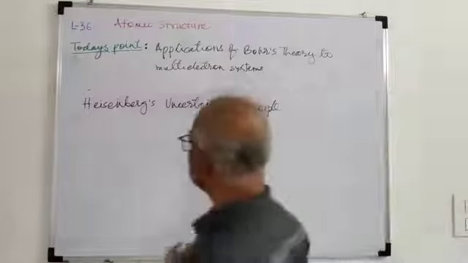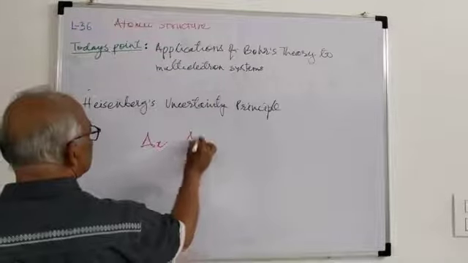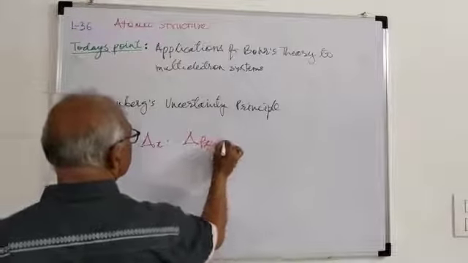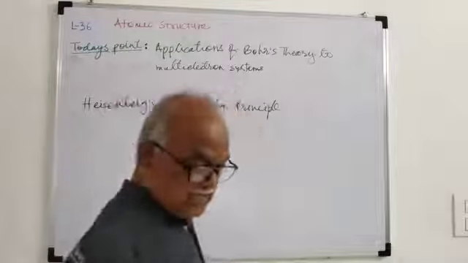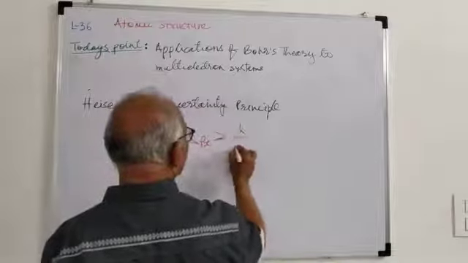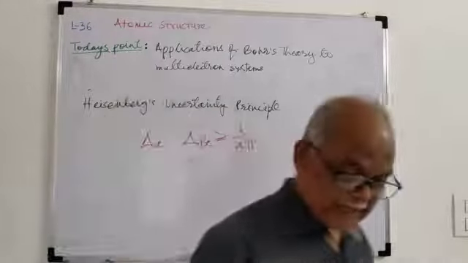This is given by the equation delta x into delta px is equal to or greater than h upon 4 pi.